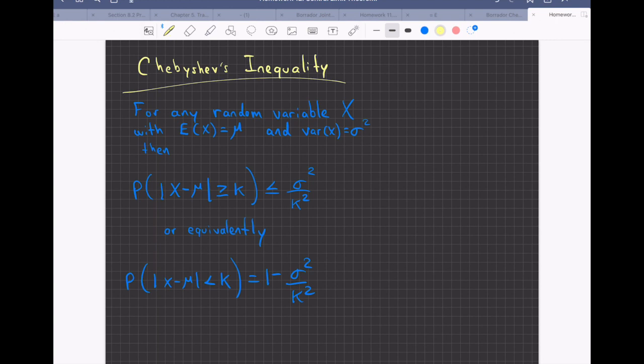Both are correct. But we say that this one is the upper bound form. And this one, lower bound form. And here I should put greater or equal.